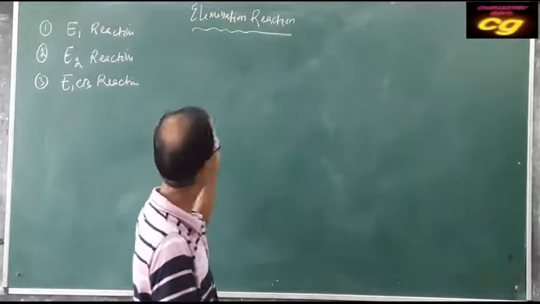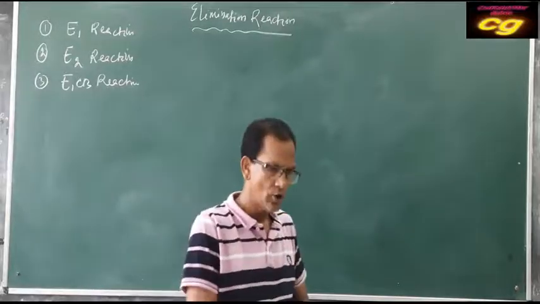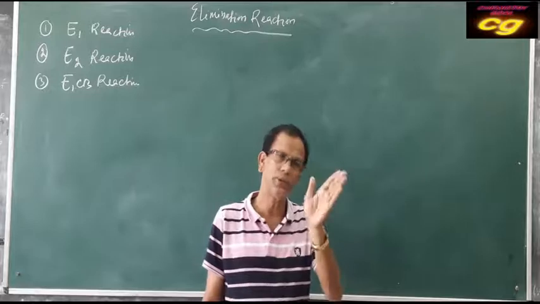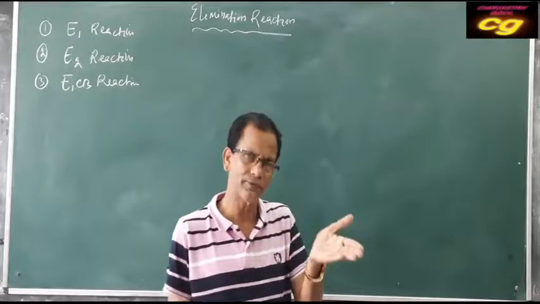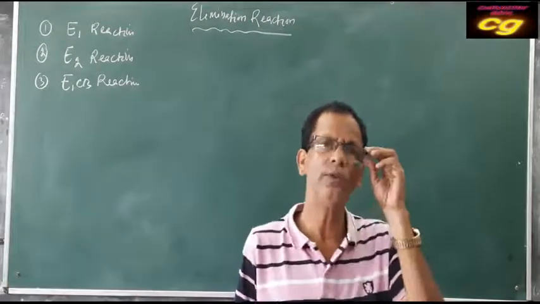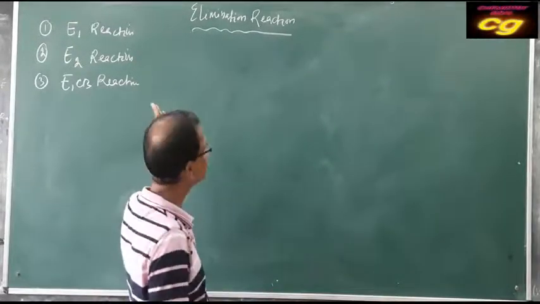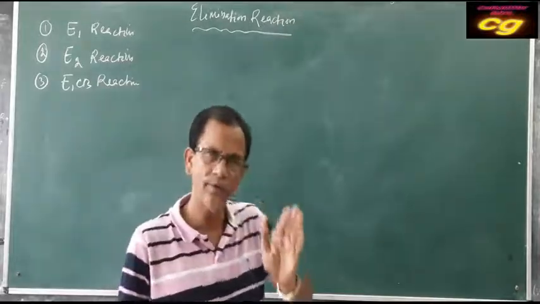But we are discussing mainly the mechanism of haloalkanes. So the halogen will be removed from the alpha carbon, and from the beta carbon, that is the next carbon, one hydrogen will be removed. Loss of hydrogen from the beta carbon and loss of halogen from the alpha carbon.